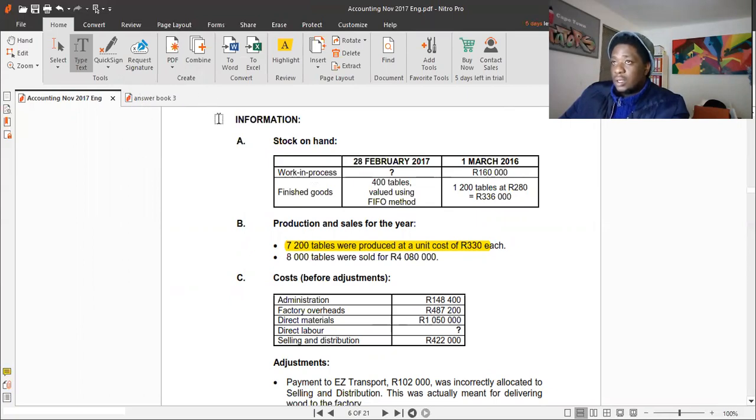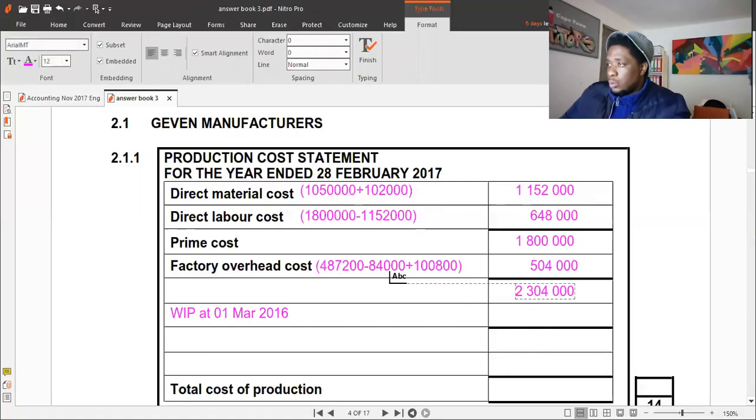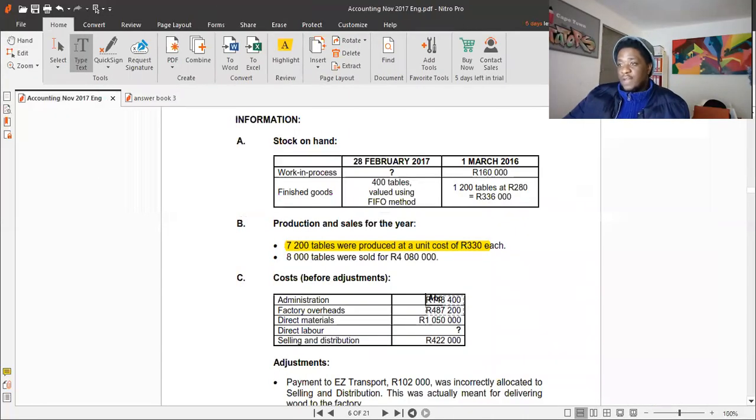So we need to add that, 2,304,000 plus 160,000. That gives us a total of 2,464,000, right?